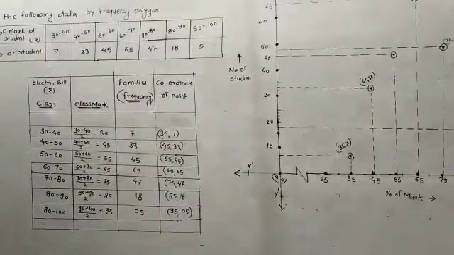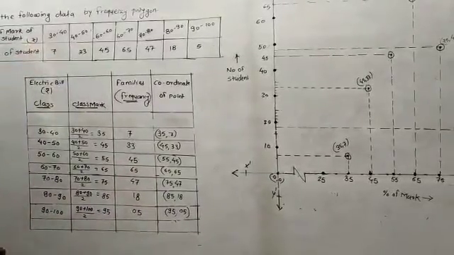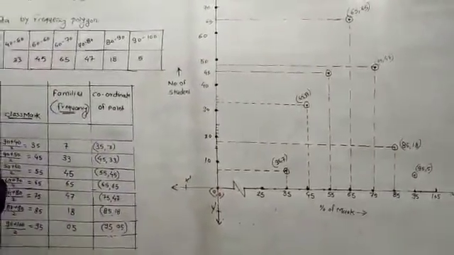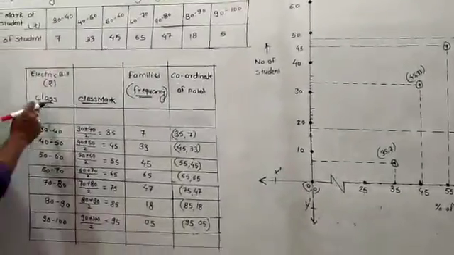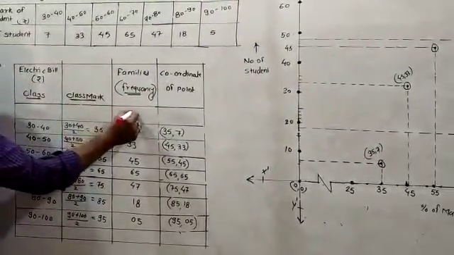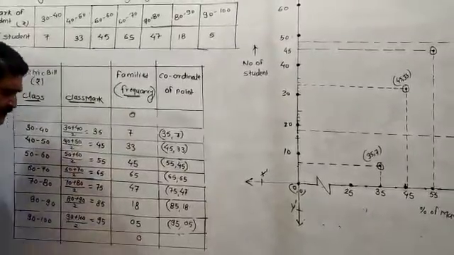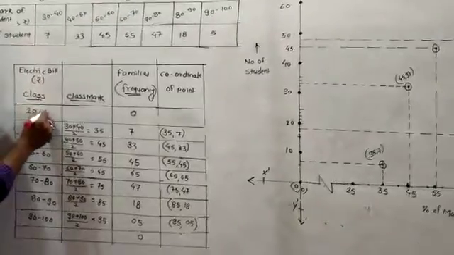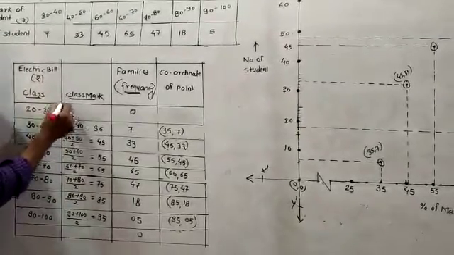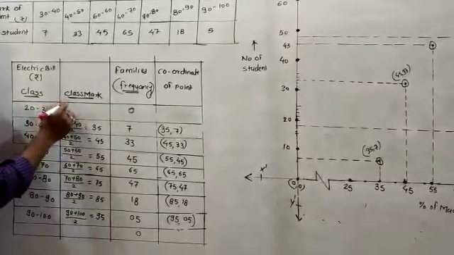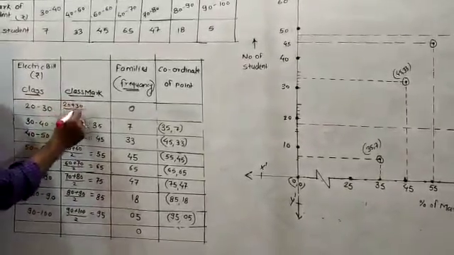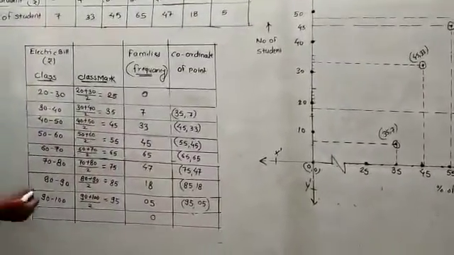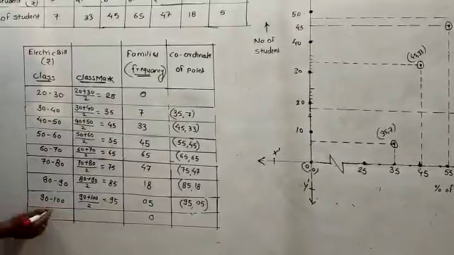But here the first class does not start with 0. That's why you have to prepare two extra classes, the first class having frequency 0 and the last class also having frequency 0. Prepare the class 20 to 30, whose class mark is 20 plus 30 divided by 2, which is 25, with frequency 0.